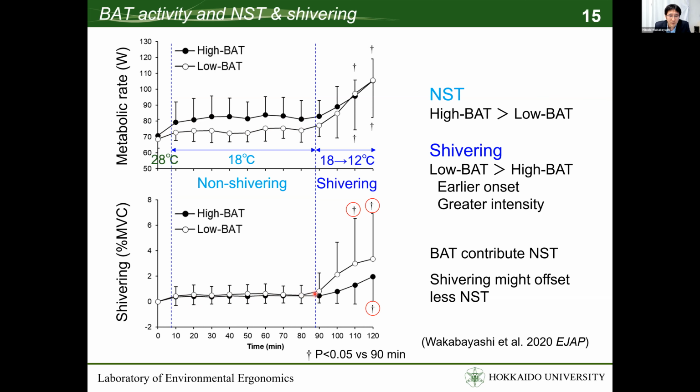Then during the shivering initiation phase, low BAT group showed earlier onset and greater intensity of shivering. And both groups show a similar metabolic rate during this phase. This result suggests the brown adipose tissue contributes to non-shivering thermogenesis, and shivering thermogenesis might offset the less non-shivering thermogenesis in individuals with less amount of brown adipose tissue.